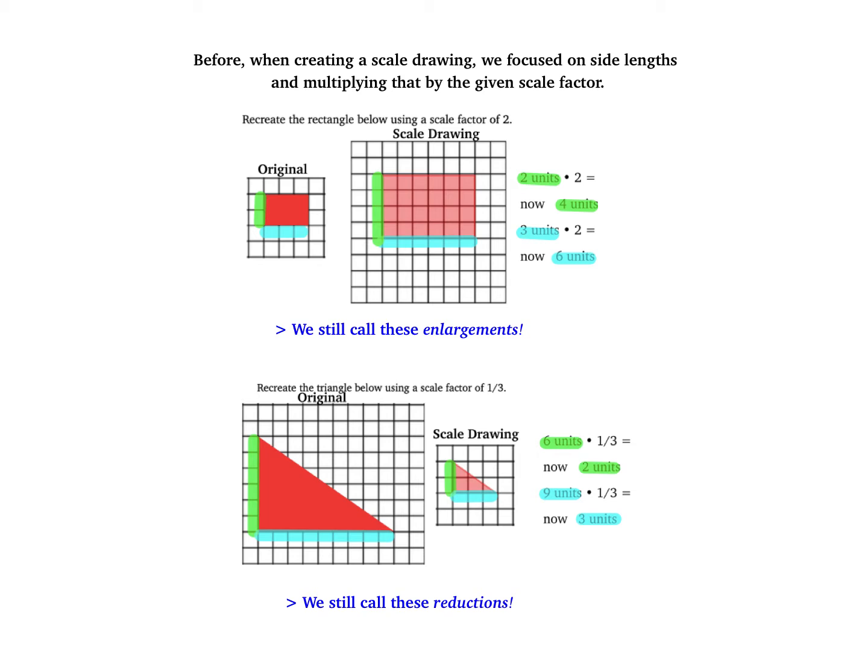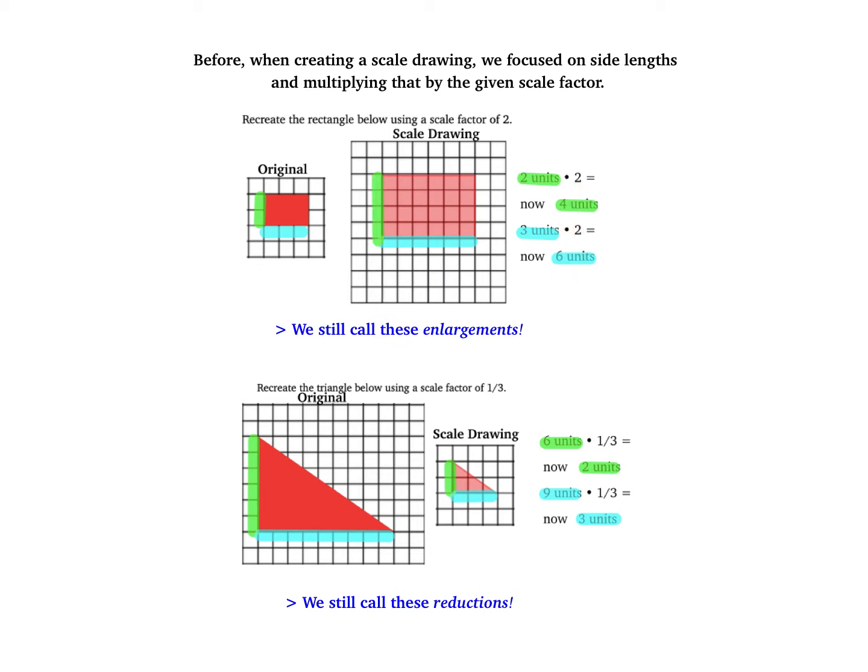So before, when we were creating scale drawings, we really focused on those side lengths and multiplying those by the given scale factor. So here are two examples that you've seen before. If we're trying to recreate this rectangle here using a scale factor of 2, we really looked at the side lengths of those rectangles. So you can see we counted this side length and multiplied it by 2 to get the new side length of 4.